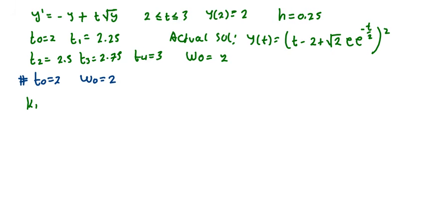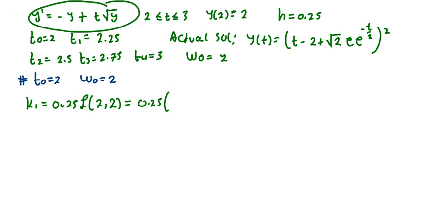Our k1 is equal to h, which is 0.25, times f of t i. What is our t i? In this case it is t naught, which is 2, comma w i, which in this case is still w naught. So this will be equal to 0.25 open bracket. It simply means these values that I have right here, I need to substitute in this differential equation.